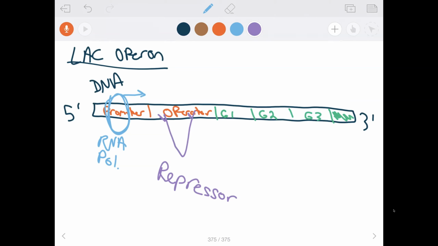So what's happening then is these 3 genes are not getting transcribed and translated because there's not enough lactose. So we don't need them, right? Bacterial cells don't need them to be transcribed and translated. So the repressor binds to the operator. And then lactose concentration will increase, and once it gets high enough, the repressor will let go. Lactose will actually bind.